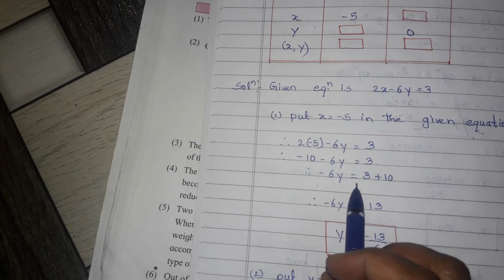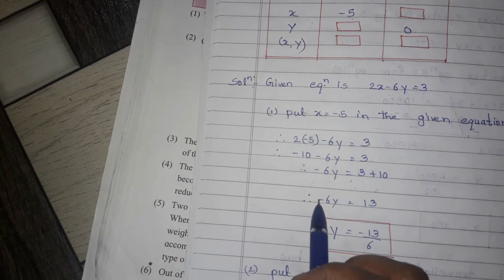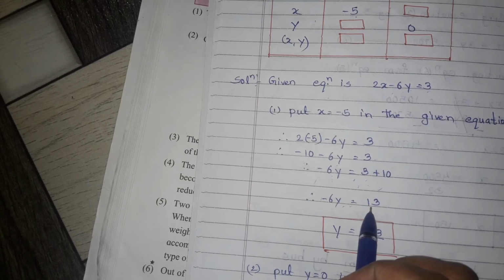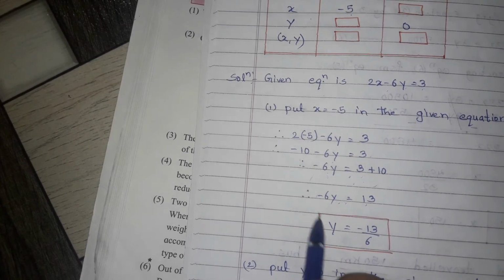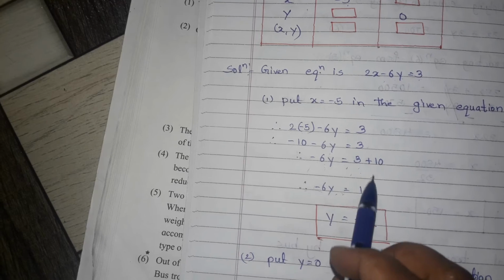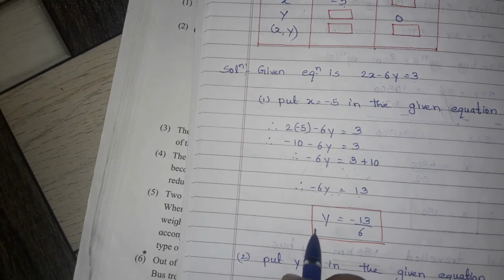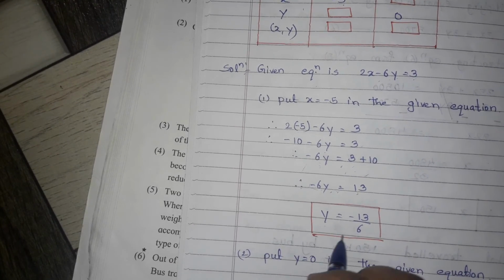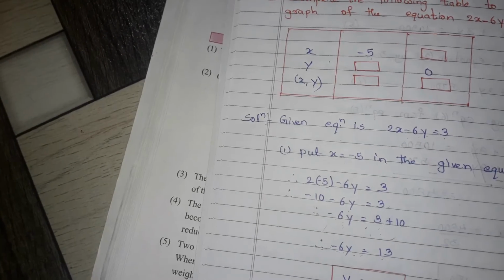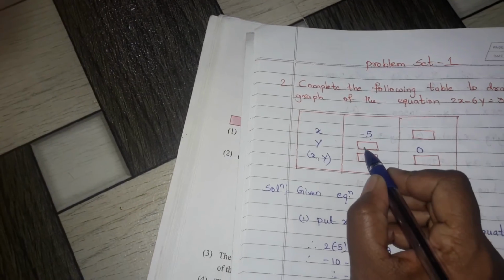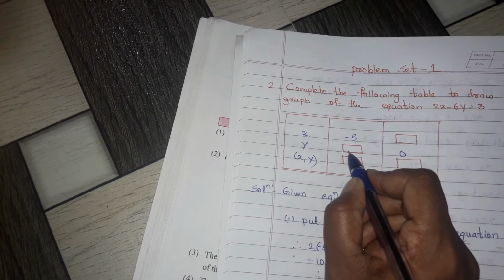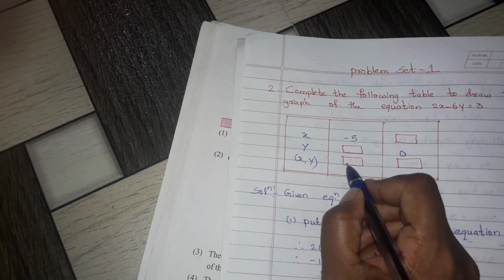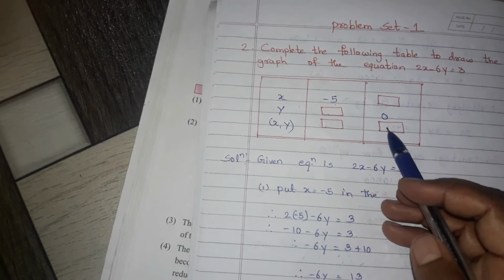Then minus 6y is equal to 3 plus 10. Therefore minus 6y is equal to 13 and y is equal to, change this minus 6 to the RHS side, it will become divide. Therefore y is equal to minus 13 upon 6. Our point becomes minus 5 and minus 13 upon 6.